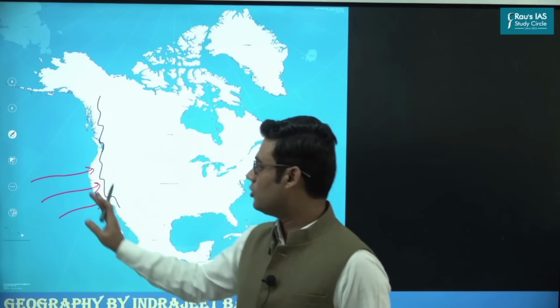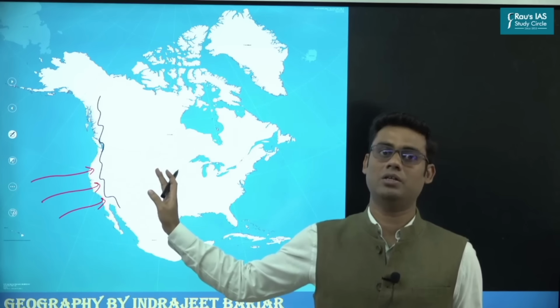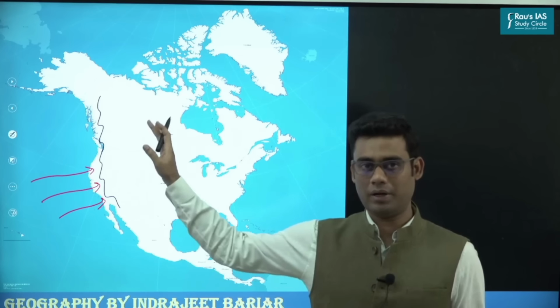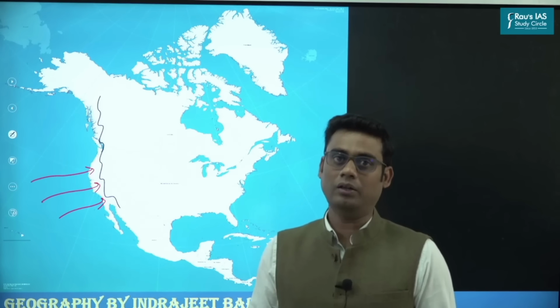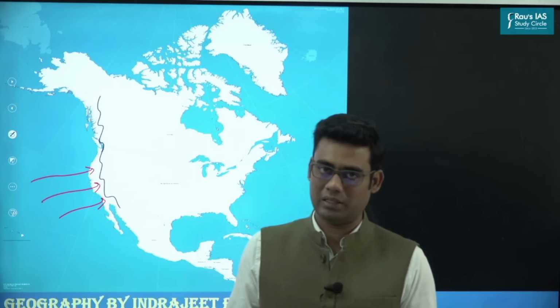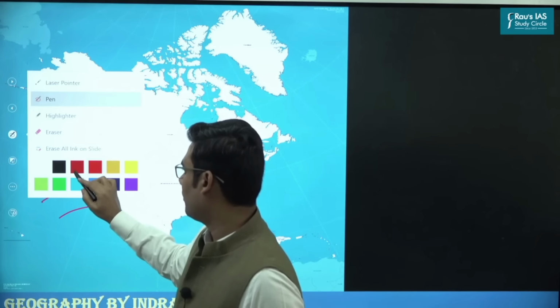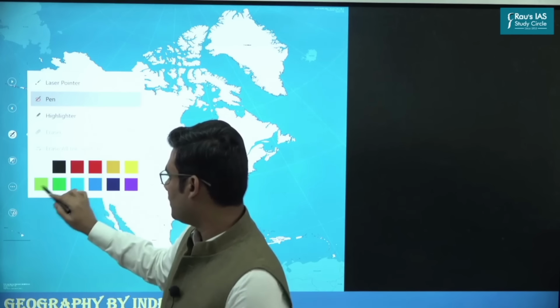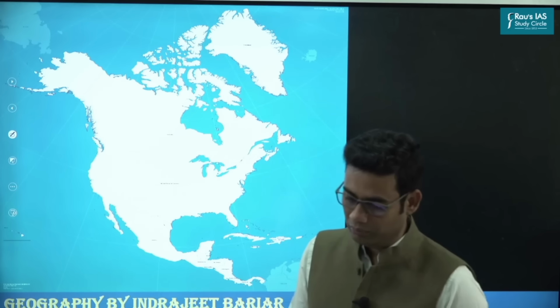So the western slopes of these mountains become the rain bearing region or the windward side, whereas the eastern slopes become the leeward side or the rain shadow region. And that's how different deserts have developed in North America. So the deserts in North America would be directly associated with the rain shadow regions.